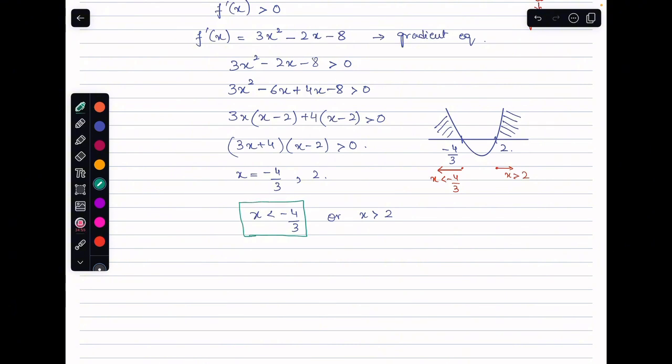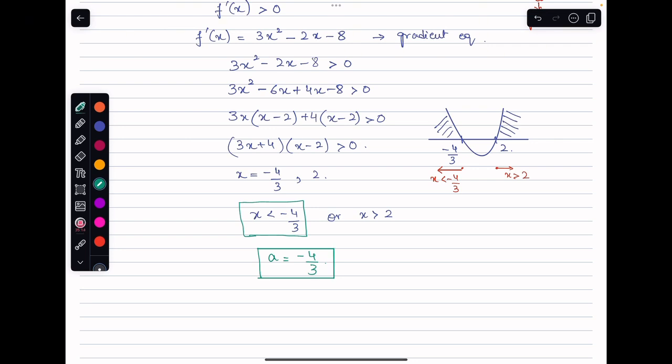So the largest possible value for a in this case shall be negative 4 by 3 according to the given condition in the question. So this then becomes my final answer for A.